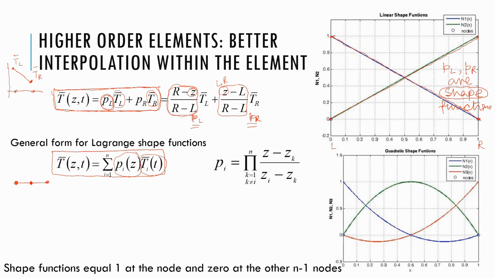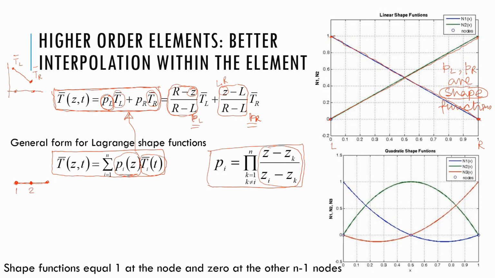You notice that this is consistent with what we did for 1D. But here, the interpolation functions are given in general as a multiplier of this quantity. And all this is kind of hard to see. So let's write it down for this one element that is three-noded.